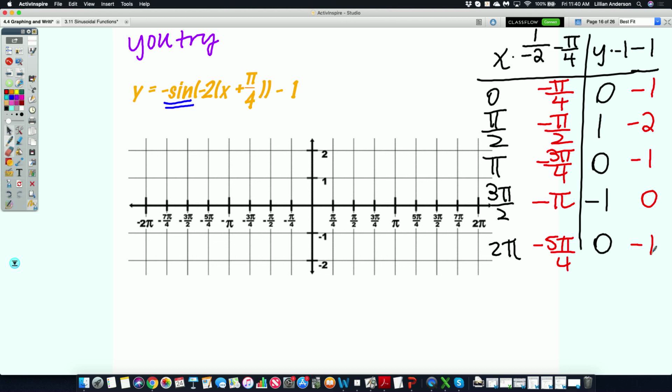And then from there you just plot them here, here, here, here, and there. And this is one cycle. As you can see, the graph has clearly been shrunk. It has been moved. It has been flipped over twice. It's been moved down. Lots of different transformations happen.